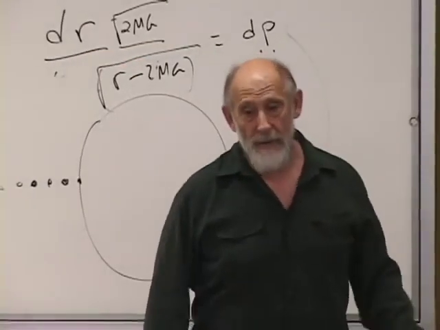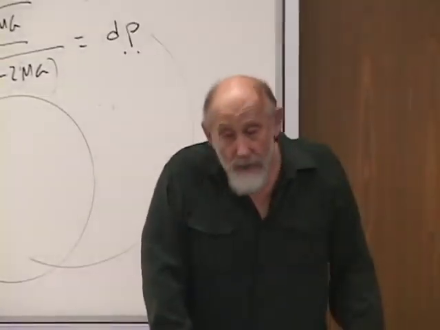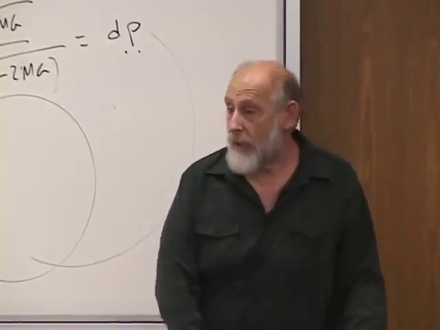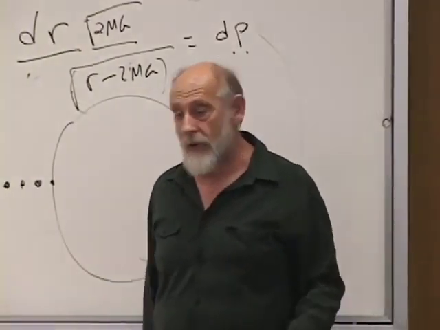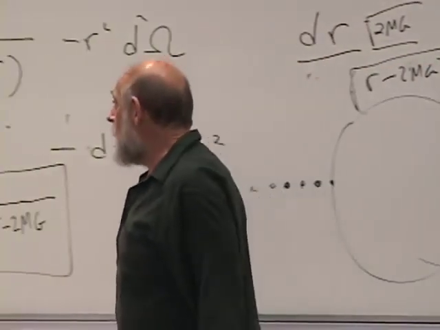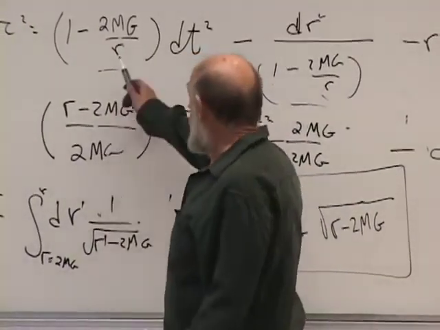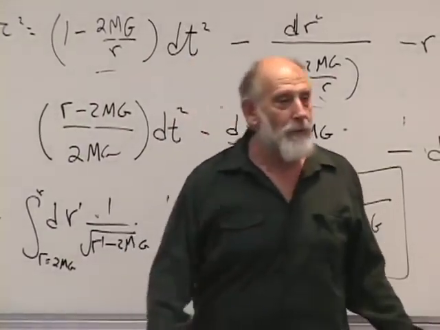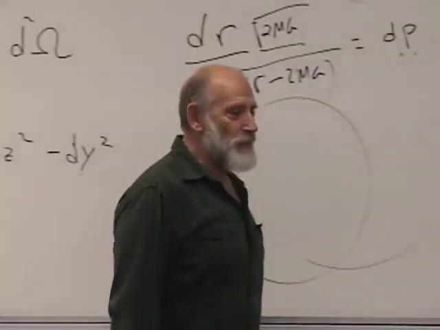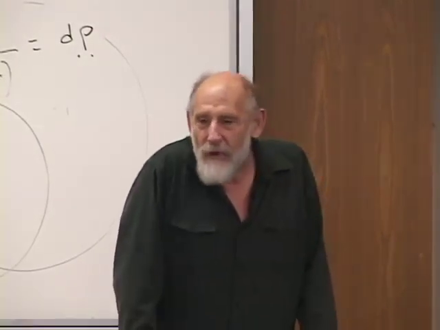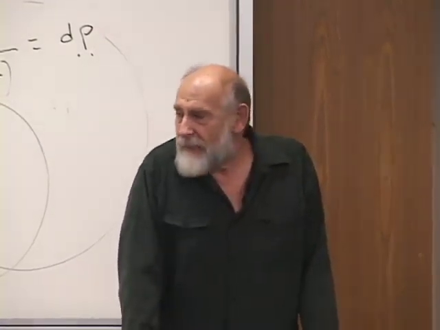If we were to calculate some measure of the curvature of this geometry, we would find there's nothing radical happening at the horizon, but at r equals 0. Remember, r equals 0 was the place where, let's go back to Newton. What happens at r equals 0? Gravity becomes infinite.